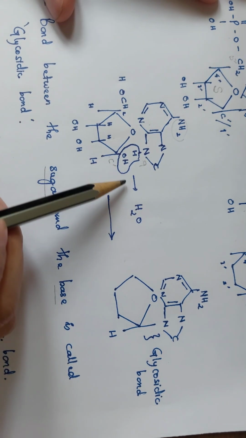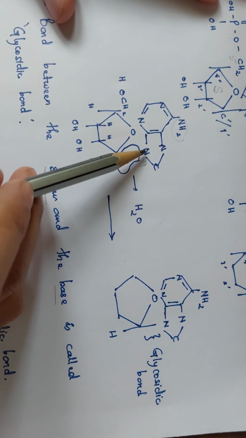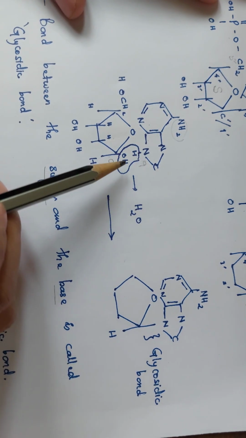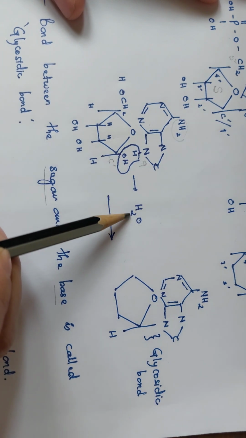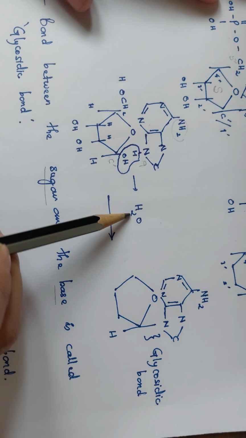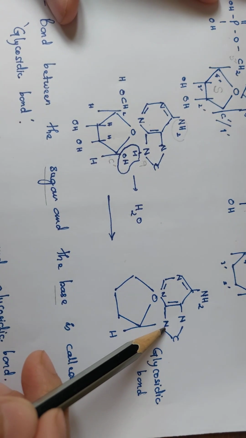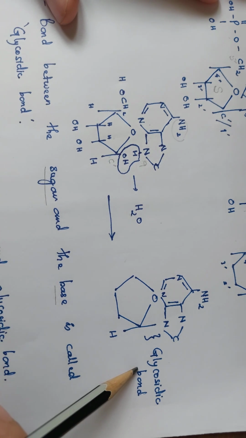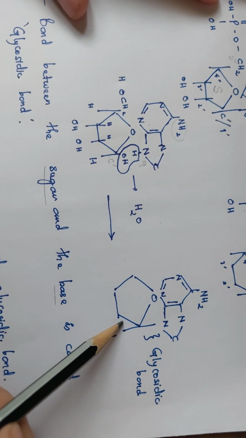So there is removal of water. You see here in the figure, the H from the nitrogen and the OH group from the first carbon are released in the form of water. So once the water is released, there is formation of a glycosidic bond between the nitrogenous base and the pentose sugar.